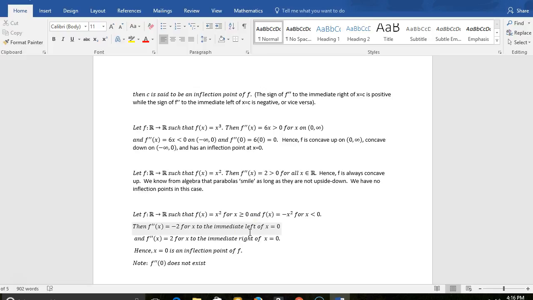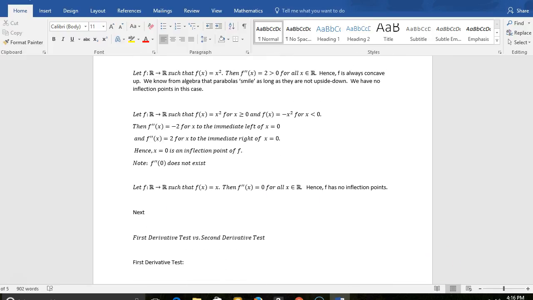Remember, at inflection points, I didn't promise you that f double prime would exist at that inflection point. I promised you that it would equal 0 if it did exist there, but I didn't promise you that it would exist there in the first place. And this one doesn't exist there at all. Okay. So again, an inflection point is where you either go from concave up to concave down, or from concave down to concave up.